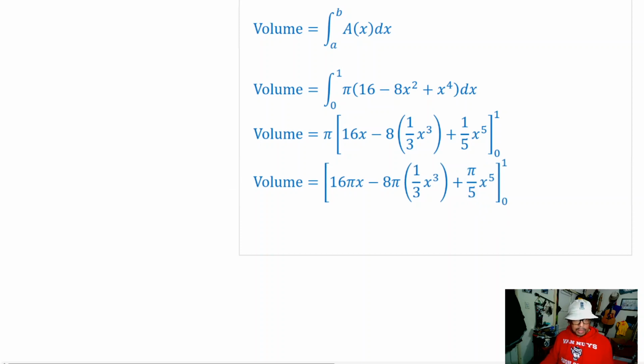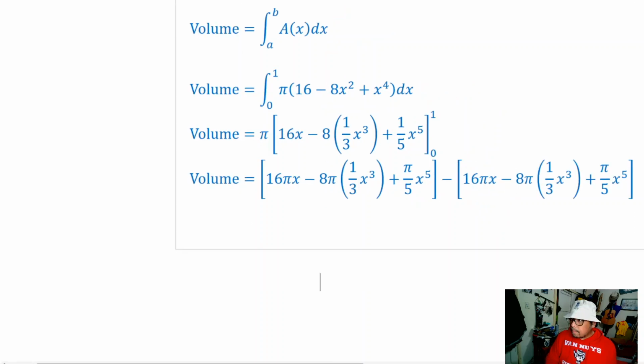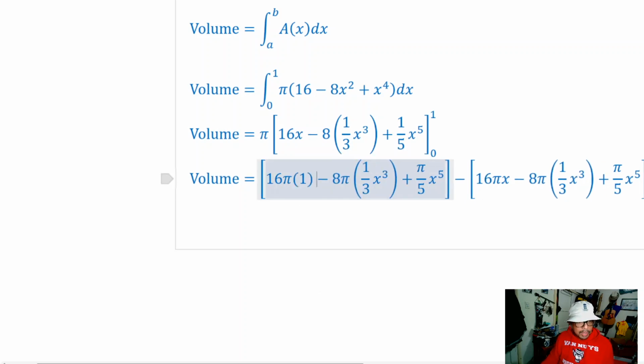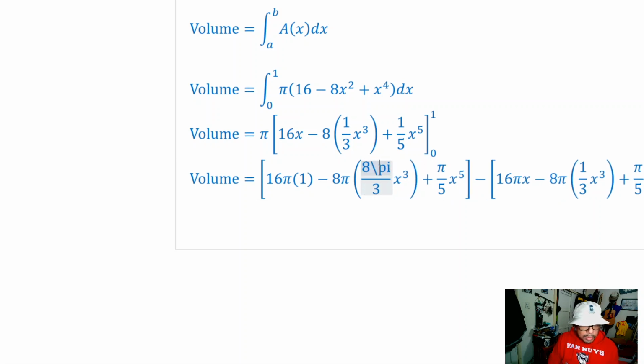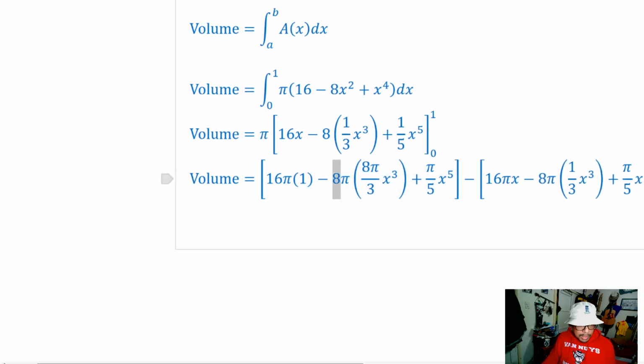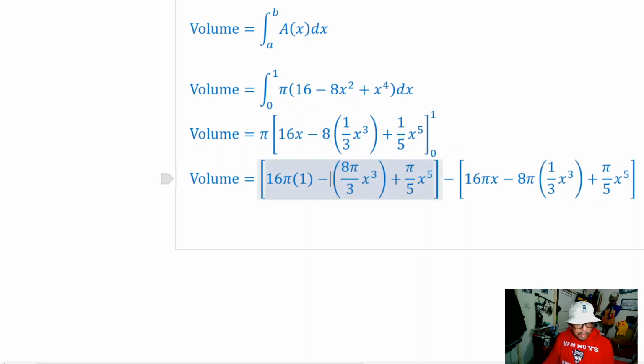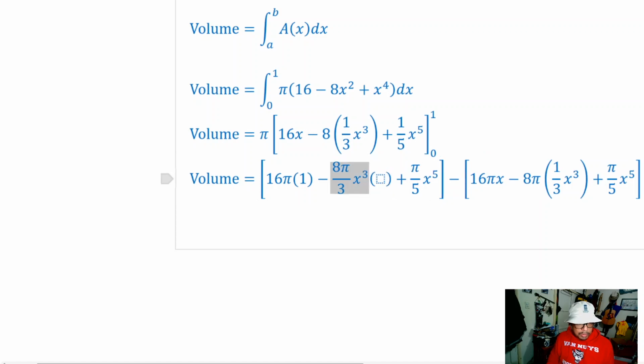Okay. All right, we're set to substitute. This first one is going to be a 1 over here. Well, we can actually make this an 8 pi up here, and then get rid of the 8 pi down here. I suppose we don't need the parentheses anymore.